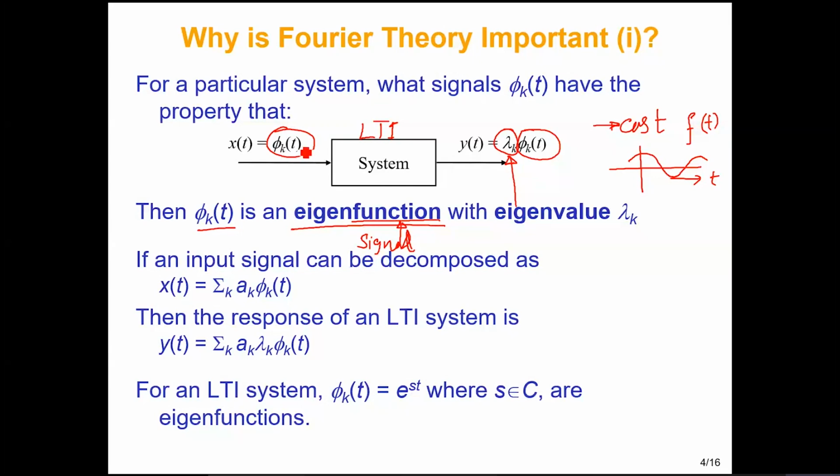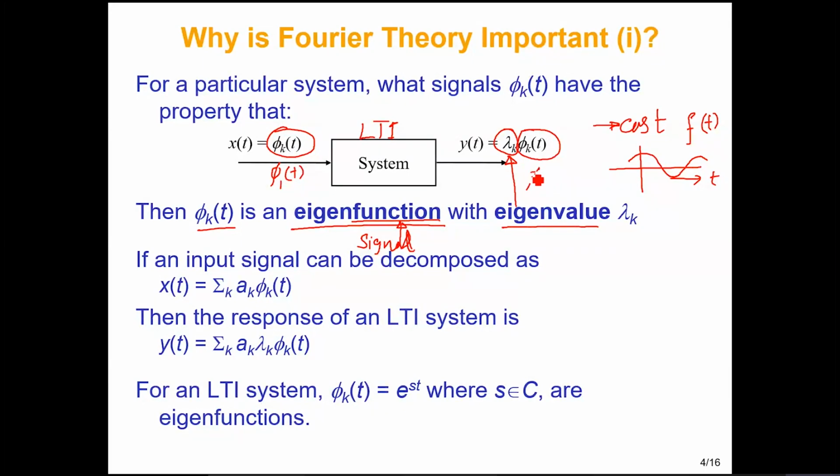So an eigenfunction or an eigensignal is something which, if given as an input to a system, the output would be the same thing modified by some multiplicative factor, and that multiplicative factor is known as the eigenvalue of that particular eigenfunction. Notice we have this subscript k. So you may have not one but multiple of these phi(t)s, you may have phi 1(t), phi 2(t).